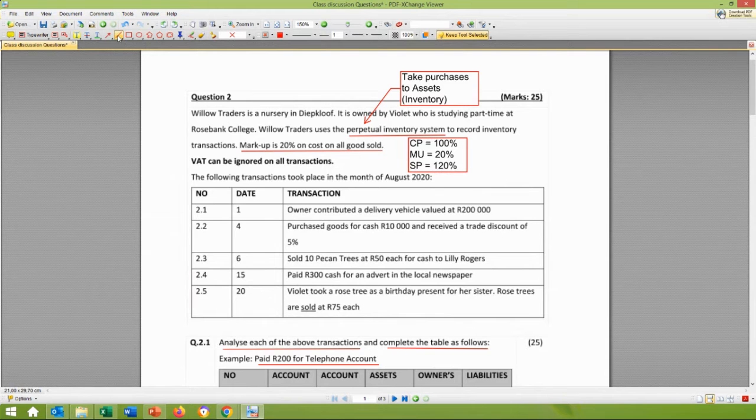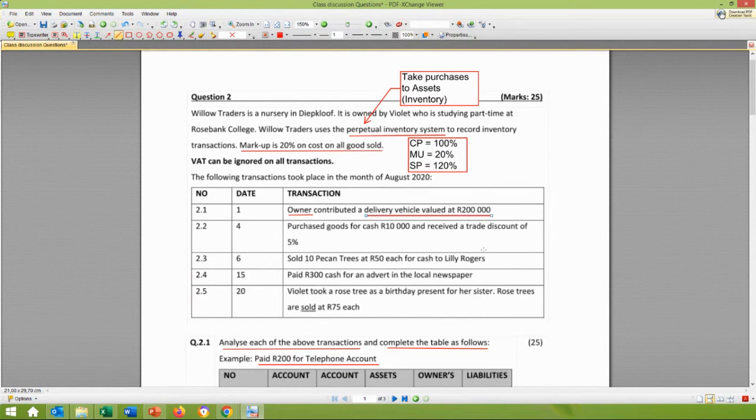Now let's look at the different transactions. The first transaction says the owner contributed a delivery vehicle valued at 200,000. So the owner gave us a delivery vehicle valued at 200,000.